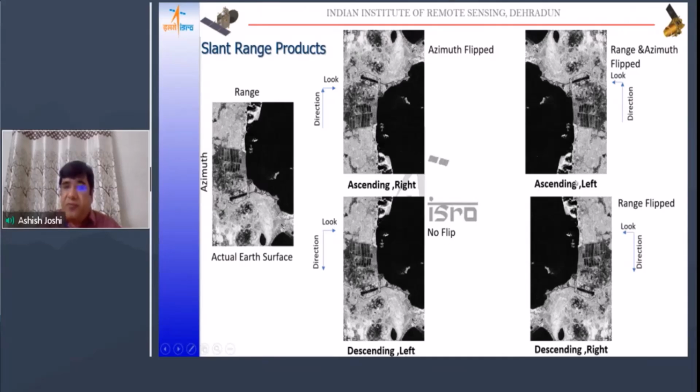So there are four possible combinations, and the same image can be acquired in four different geometries.